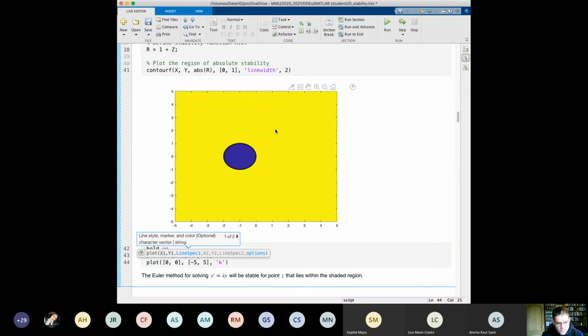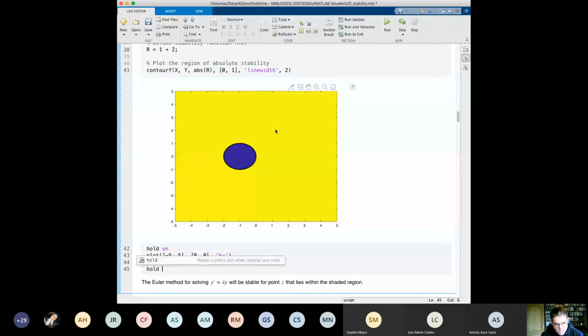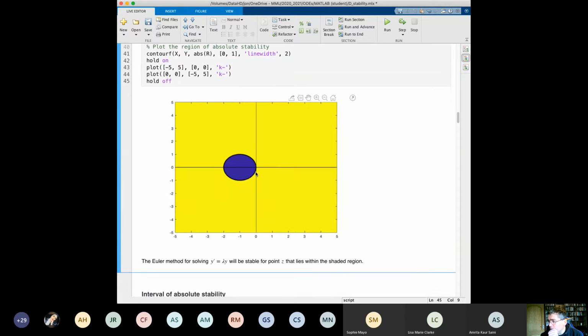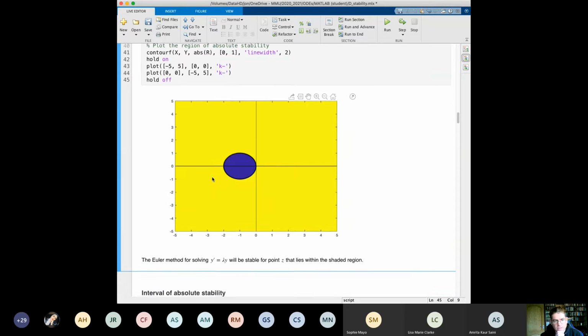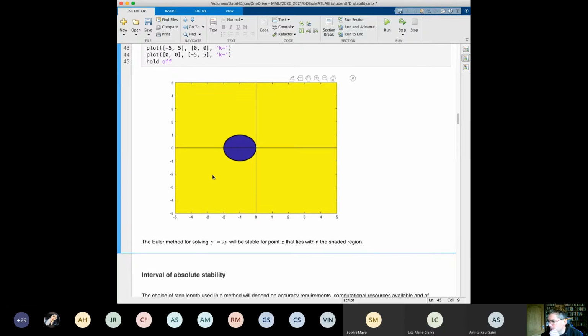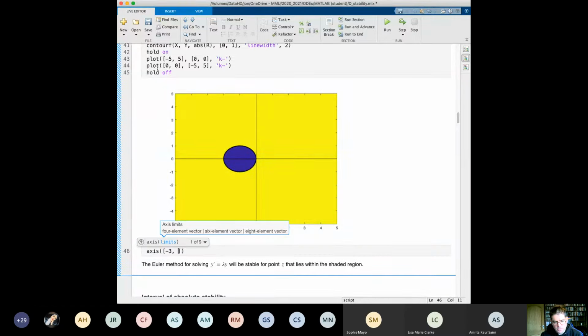It's helpful just to see the real and imaginary lines. I've got a rather snazzy color scheme, but I'll leave that as it is. Okay, I'm going to zoom in a little bit with the axis command, by changing our axes.